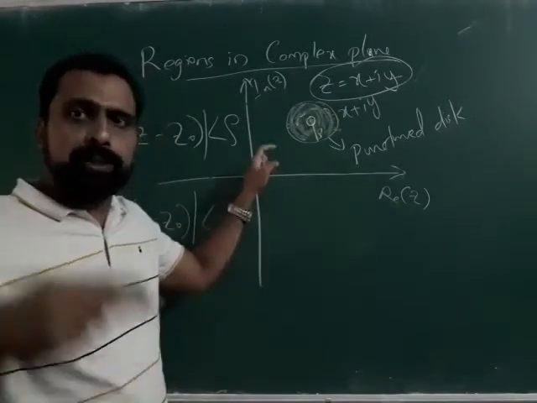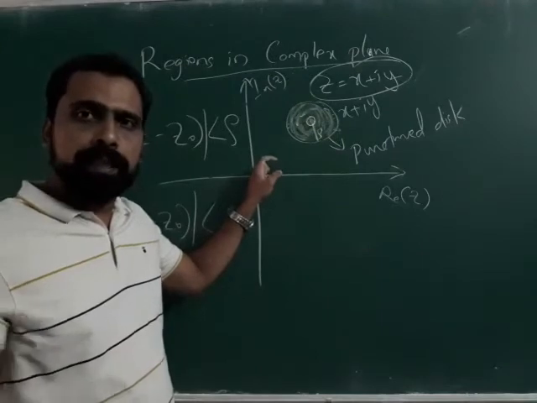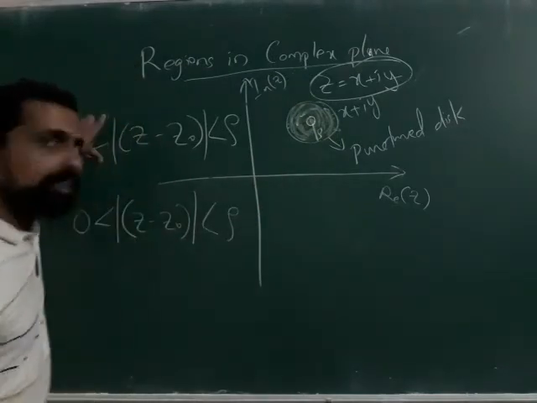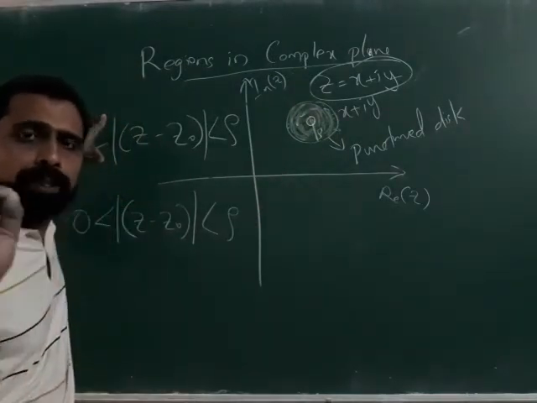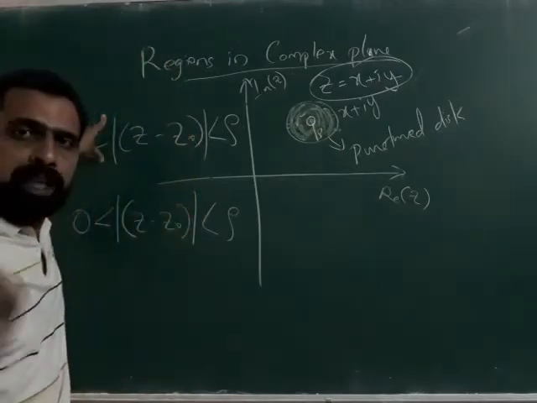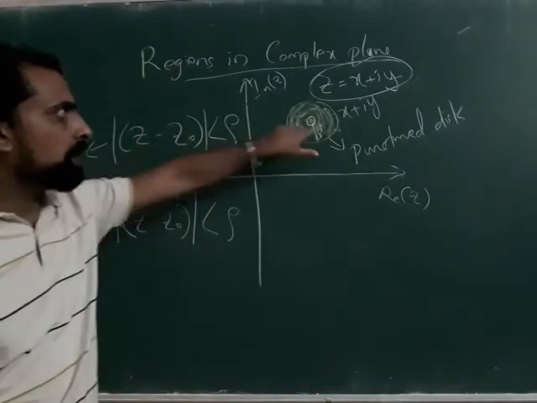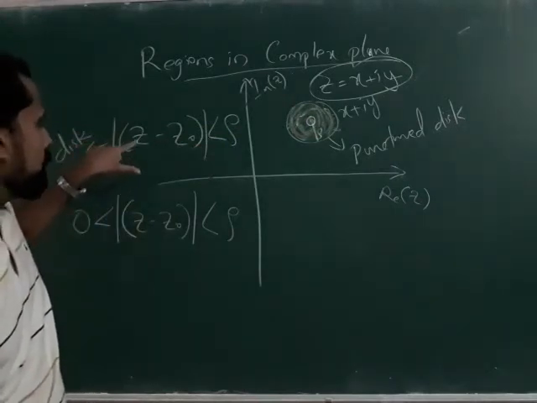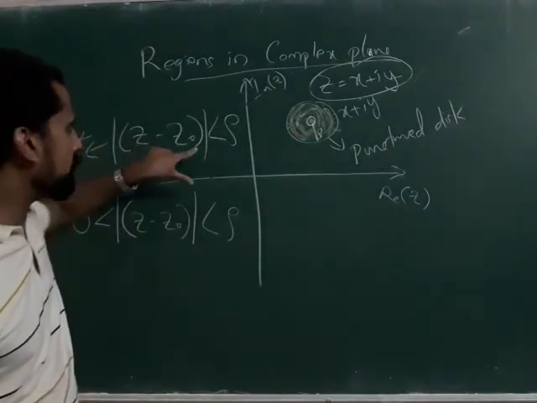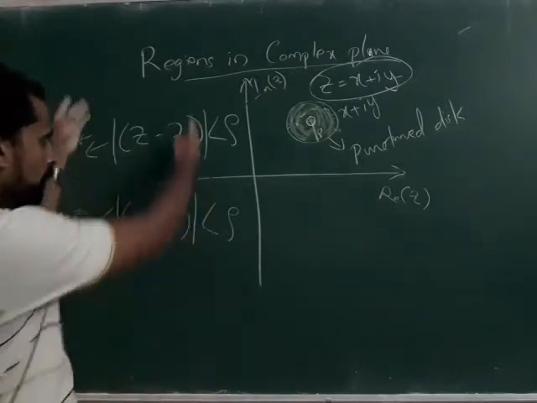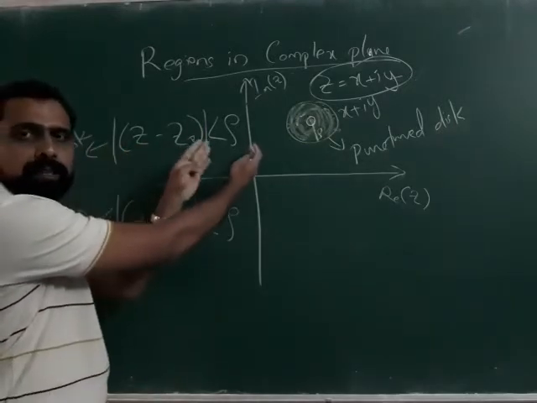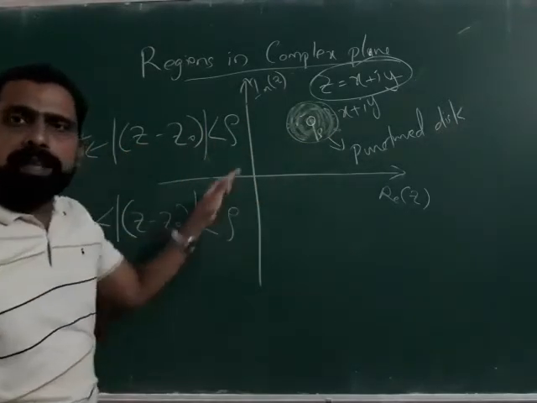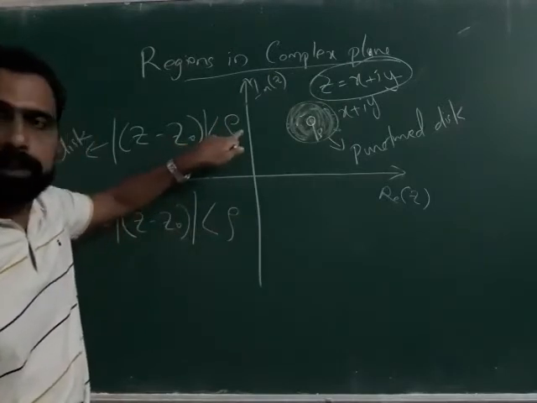Okay. So how to define the regions? A region you can define if you have some neighborhood points around a point z0. That is defined like this: this is the z point and all the z0 values, and the modulus of it will give you a finite value rho.